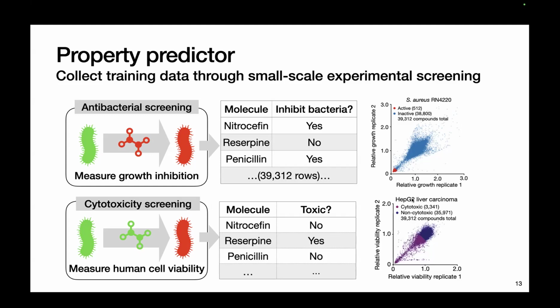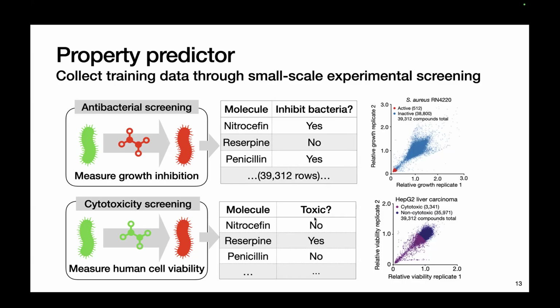We actually took three different cell lines: there's the liver cell line, there's also a muscle cell line, and there's another cell line as well. When we put these molecules into these human cell lines, we measured human cell viability. We want to select molecules that keep the human cells viable. That's how we measure the cytotoxicity of these compounds.